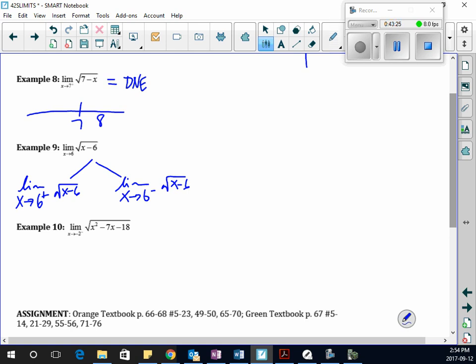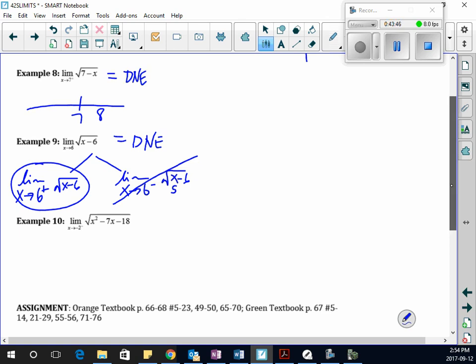If you put 6 from the right, what's the number on the right of 6? 7. What happens here? You get 0. What happens if you take something on the left of 6? Say 5. What do we get? It doesn't exist. So what happens here? Doesn't exist. If one side doesn't exist and the other does, the whole thing doesn't, right?